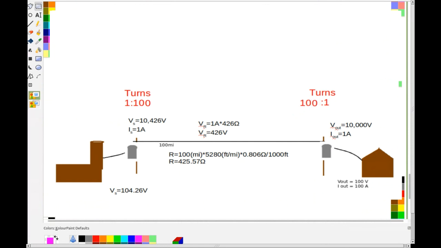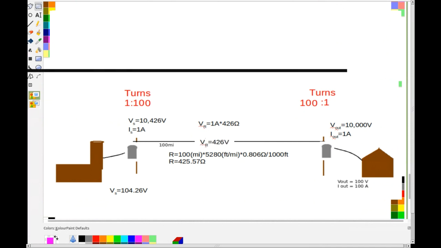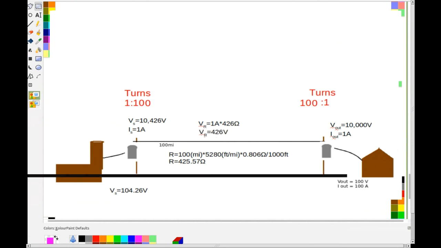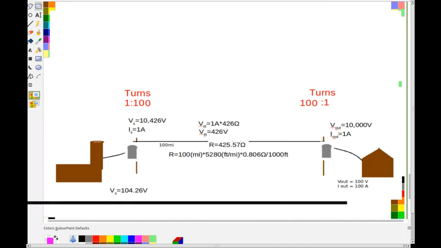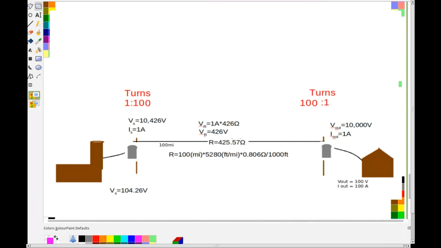Okay, so now we can't do anything about this resistance, right? The resistance of this wire, there it is, sorry. Okay, the resistance of this wire is 425 ohms of resistance. Okay, I mean, that's the wire. We can't do anything about that.